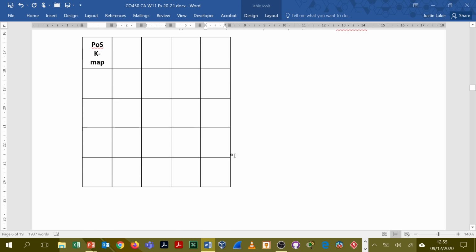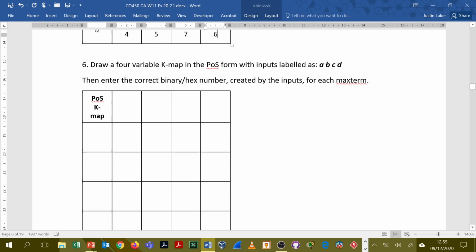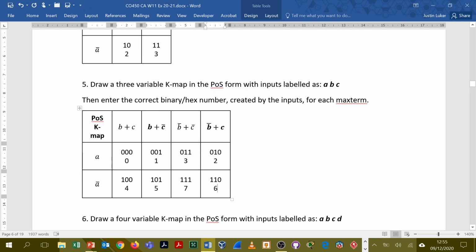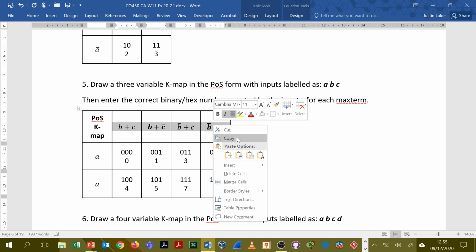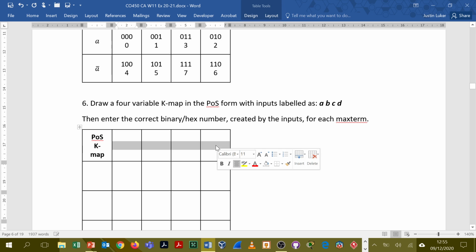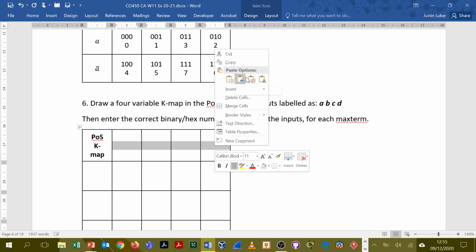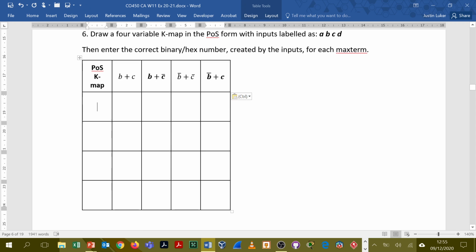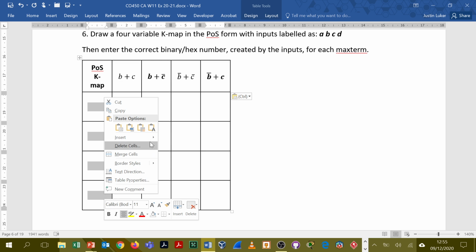So now we've got the 4 input Karnaugh map for POS. Just to save time, let's copy those inputs to start with. And I'll have to re-letter these ones.